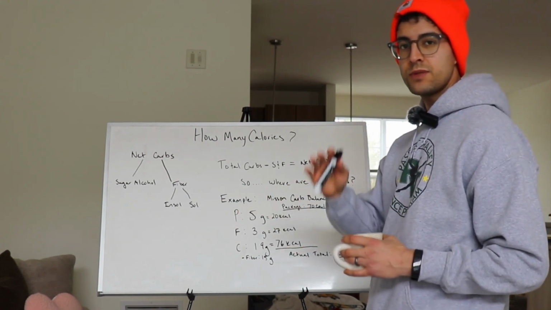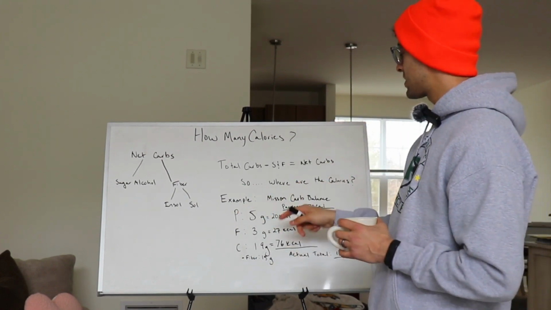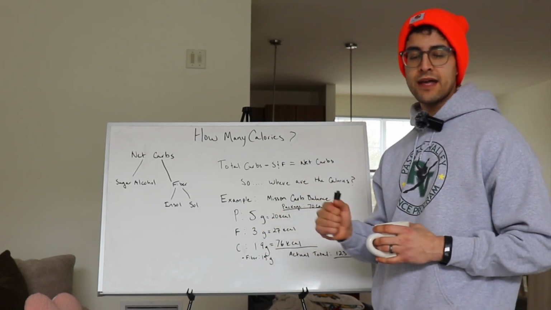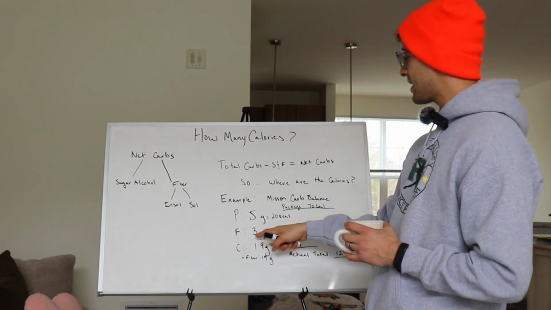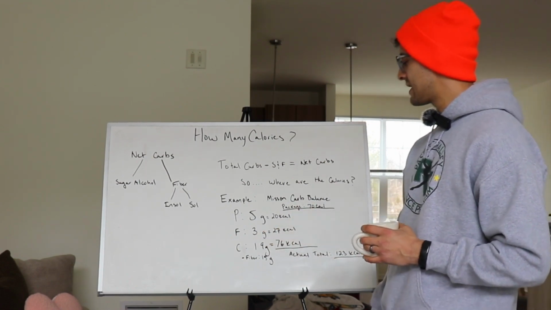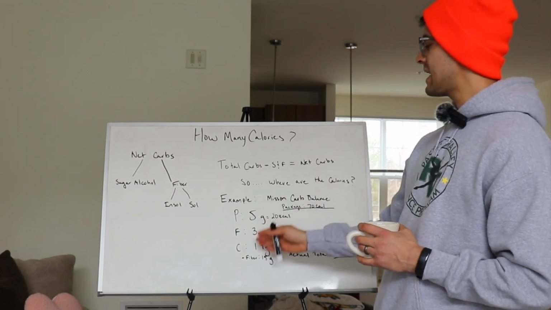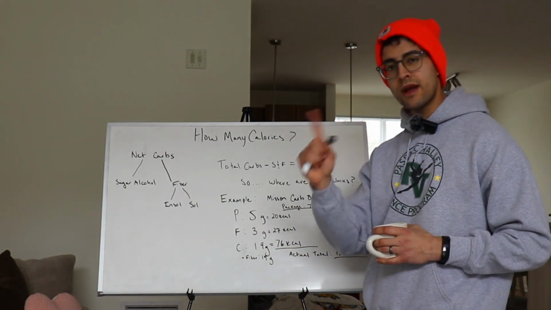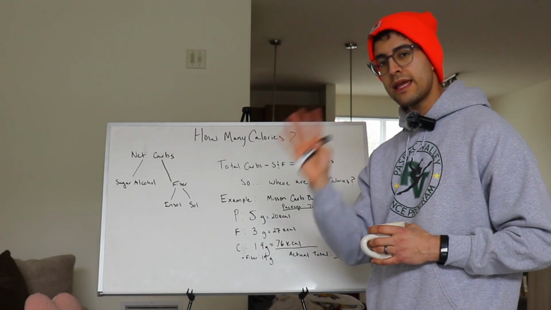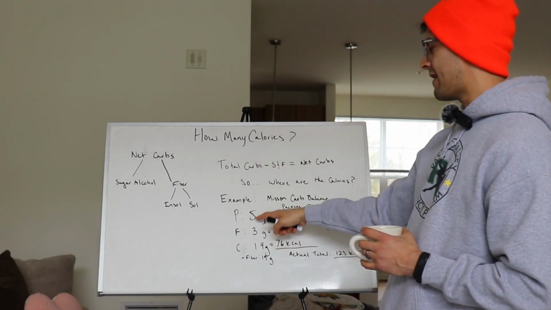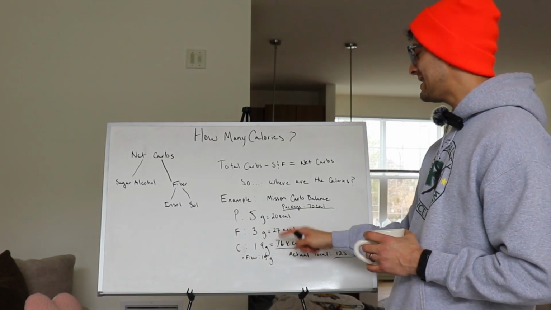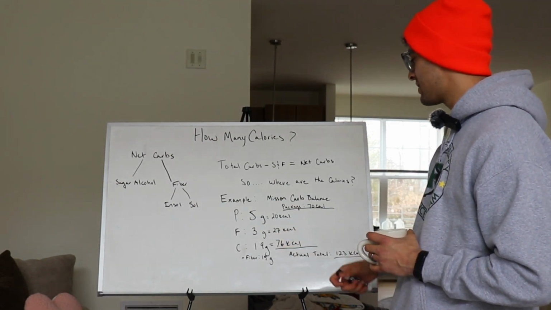There are 4 calories per gram of protein, which comes out to 20 calories. There are 9 calories in a single gram of fat, so that comes out to 27 calories. Now, there are 19 grams of carbohydrates in this, and for every 1 gram of carbohydrate there are 4 calories. So basically, 5 times 4 is 20, 3 times 9 is 27, and 19 times 4 is 76 calories.